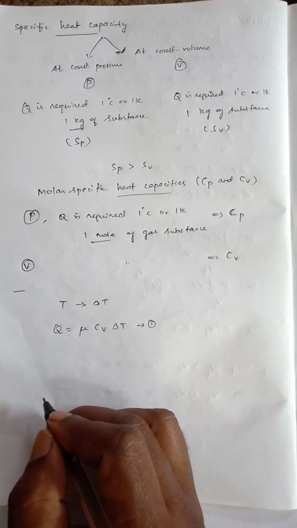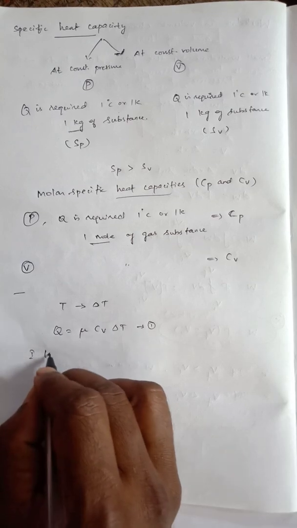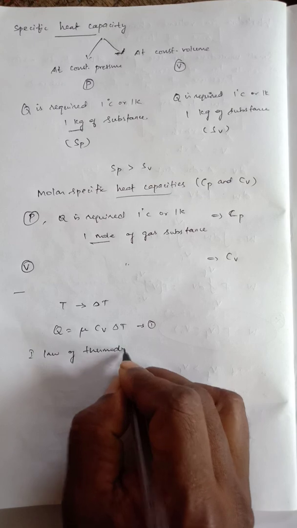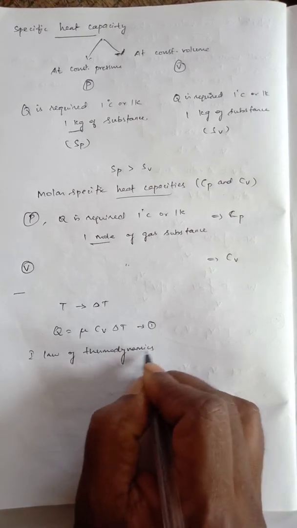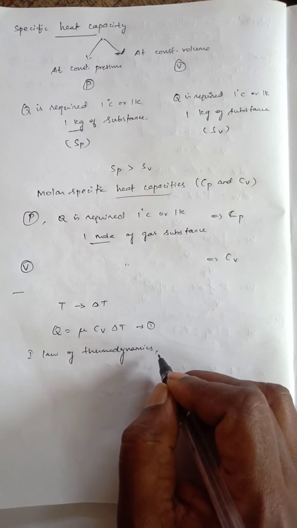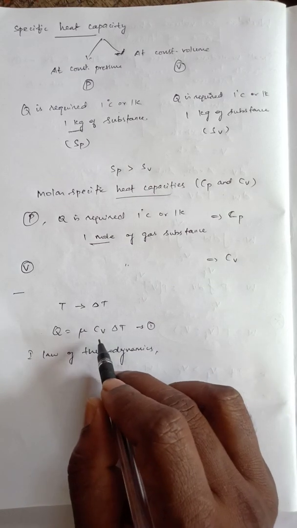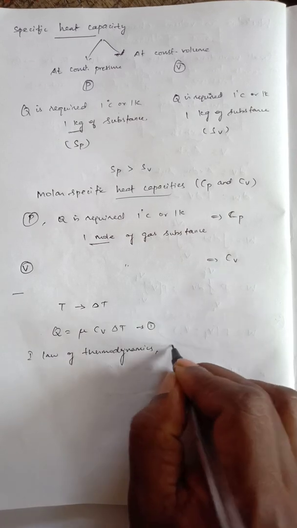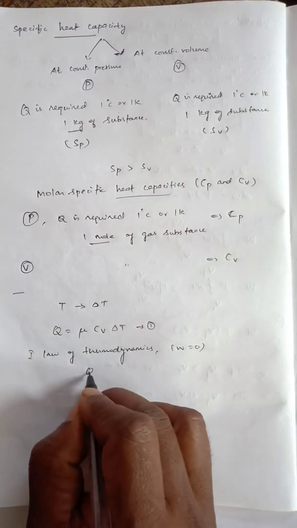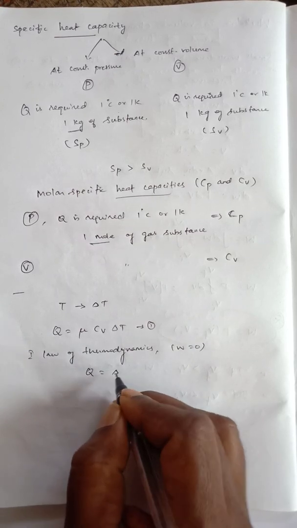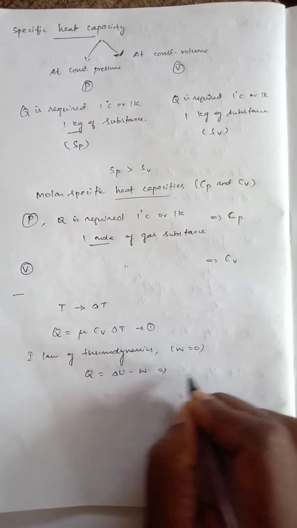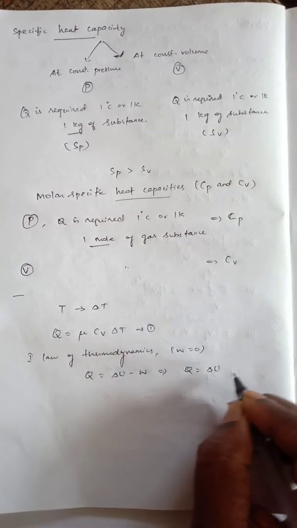You know the first law of thermodynamics. According to the first law of thermodynamics, at a constant volume there is no work done. So if W is equal to 0, the first law, Q is equal to del U plus W, becomes Q is equal to del U only.